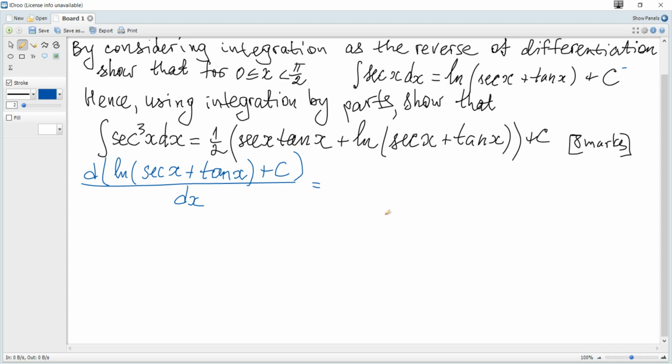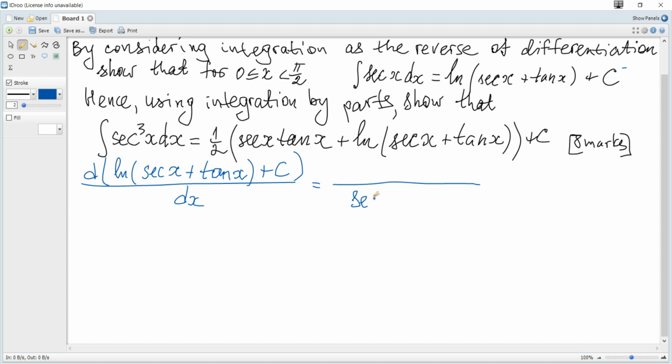The chain rule says that the derivative of ln is 1 over x, but we should keep this complicated argument instead of x and multiply by the argument's derivative.